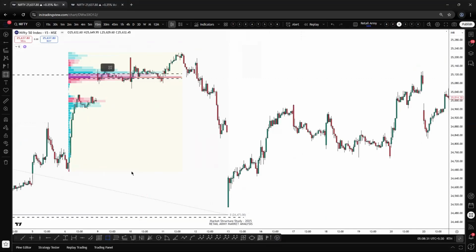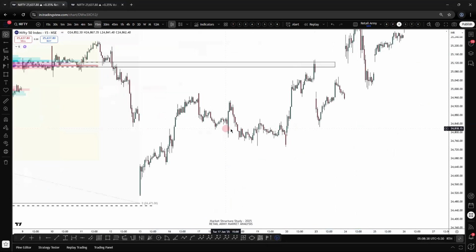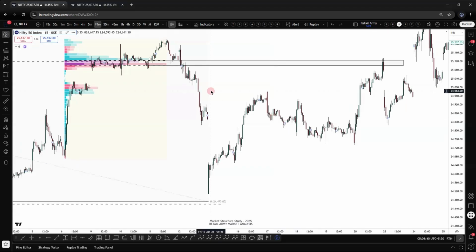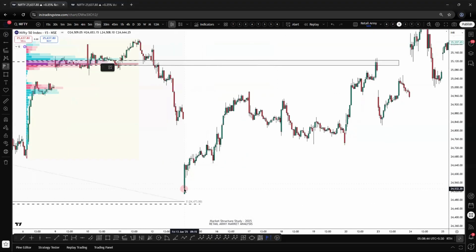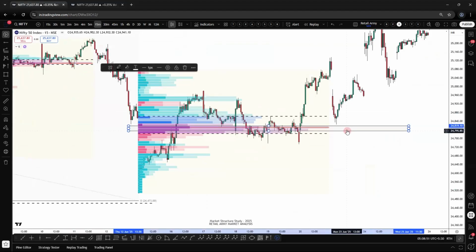Let me just mark it for you. FRVP, again, those who have not yet studied FRVP, after this, immediately start studying your FRVP. This is your first important key level. The second important key level is from here all the way to here. This is the second key level.